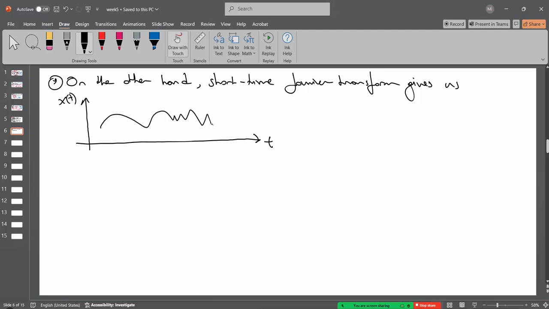And we can build any random signal here just like this one, and also in the short time Fourier transform we define windows S1, S2, and S3, and S4, okay.